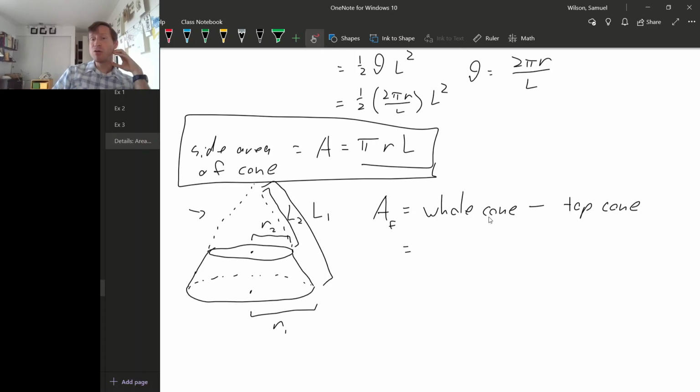So the area of the whole cone, well, it's a cone, so we can use our cone area formula here. It's pi times the radius of the whole cone, which is R1, times the side length of the whole cone, which is L1, minus the area of the top cone, which is pi times the radius of the top cone, which is R2, times the side length of the top cone, which is L2.